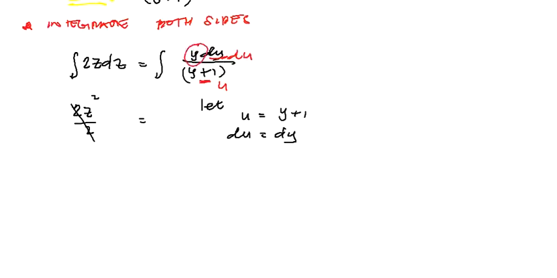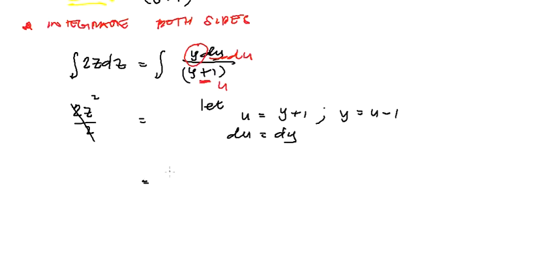So we have y is equal to u, transposing this plus 1 to the other side, so we have -1. So our y is equal to u minus 1.